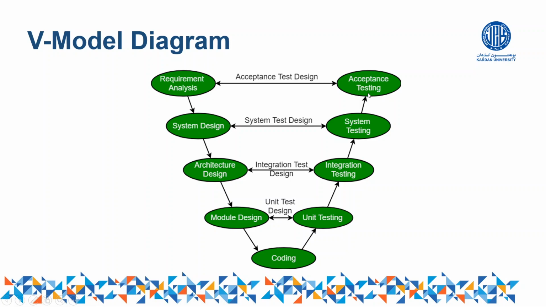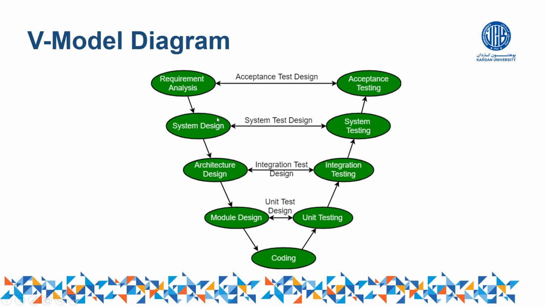Remember, acceptance testing would be done by the customer, and this acceptance testing would be done according to the acceptance test design that is produced in the requirement analysis. So this would give us a criteria for accepting the software system.